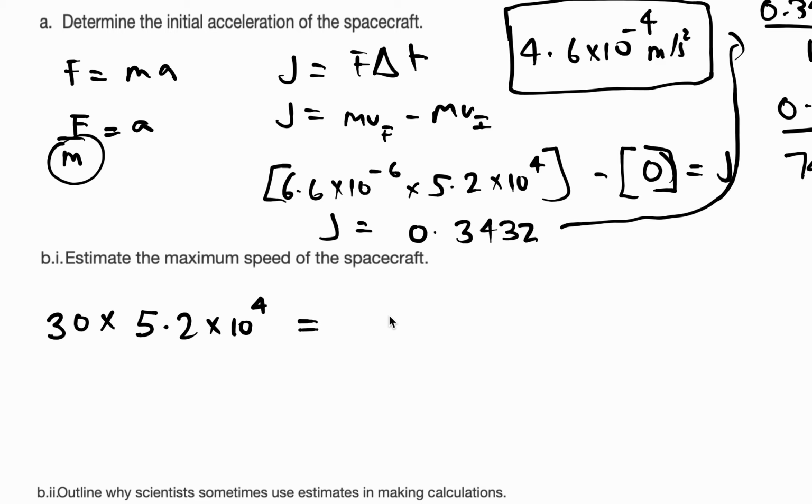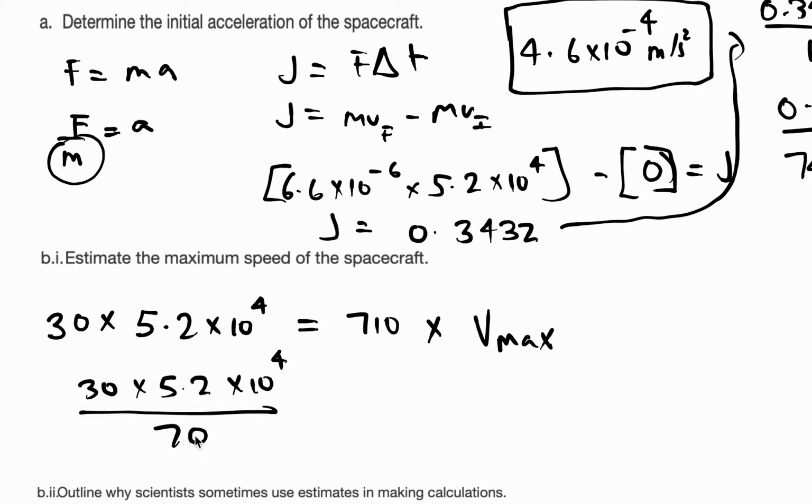The spacecraft's new mass will be 710 because it was originally 740 minus the fuel used, so 710 times the Vmax, the maximum velocity. Now if we solve for this, we get 30 into 5.2 into 10 to the power of 4 over 710, that gives us the V maximum.